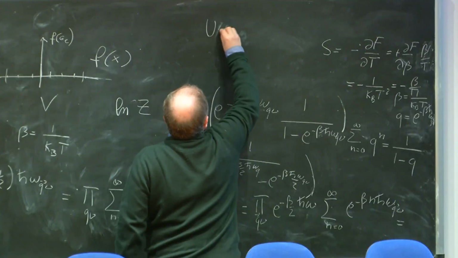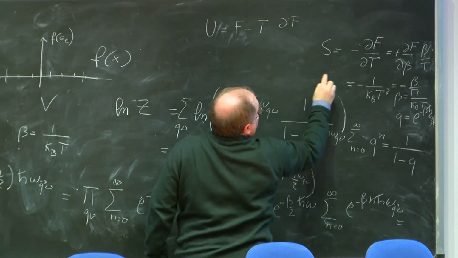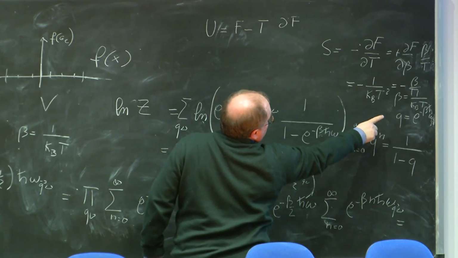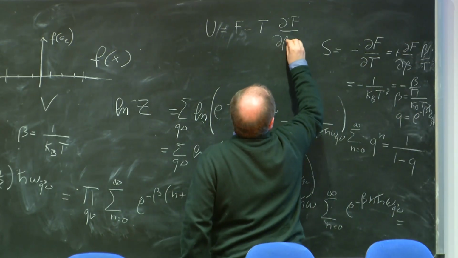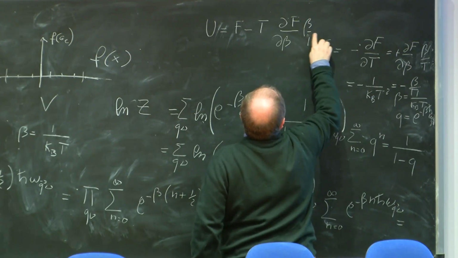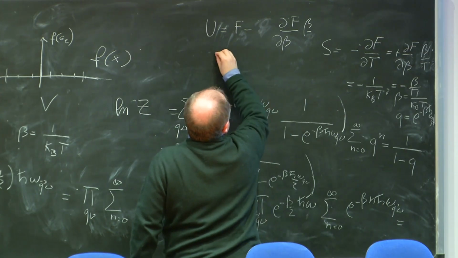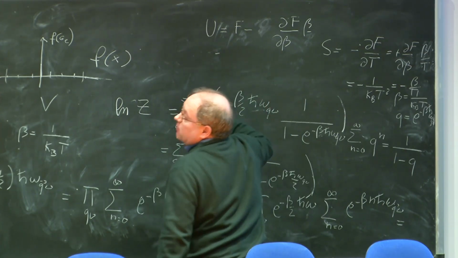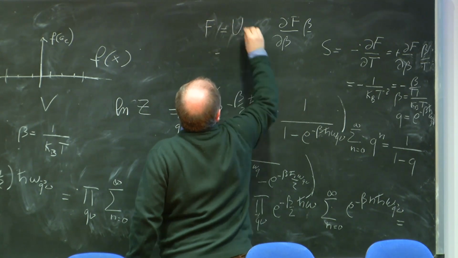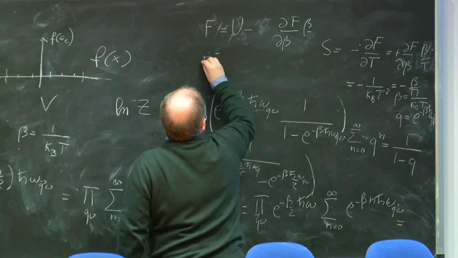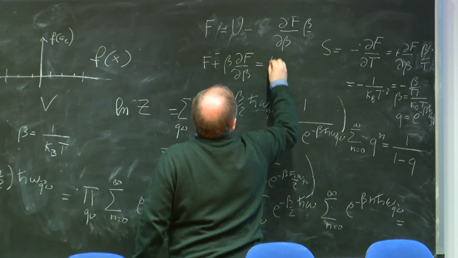If we write that F is equal to U minus T S, with S given by this, dF over d beta, beta divided by T. So T simplifies, and we have F is equal to U minus T S, so F plus beta dF over d beta is equal to U.